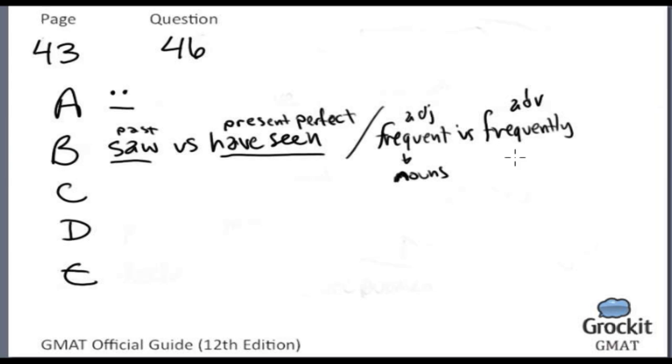Adverbs can modify verbs, adverbs, and adjectives. The difference here, of course: when speaking just as frequent, they make hand motions when speaking just as frequent. Frequent there really does need to be modifying how often they do it. Or actually, it's modifying make. They make hand motions frequently. So that's modifying the verb. We really do need to use frequently.